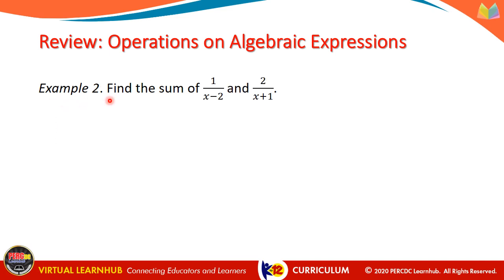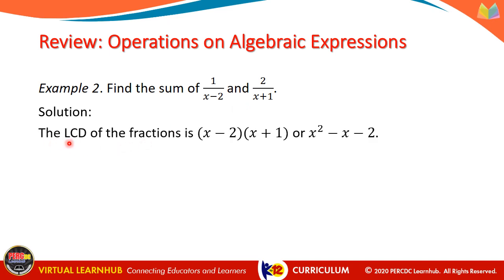Example number 2. Find the sum of 1 over x minus 2 and 2 over x plus 1. For our solution, noting that our denominators are x minus 2 and x plus 1, the LCD of the fractions is x minus 2 times x plus 1 or x squared minus x minus 2.